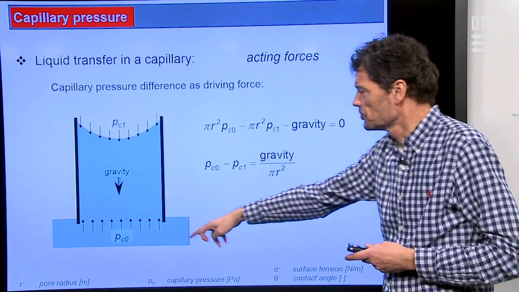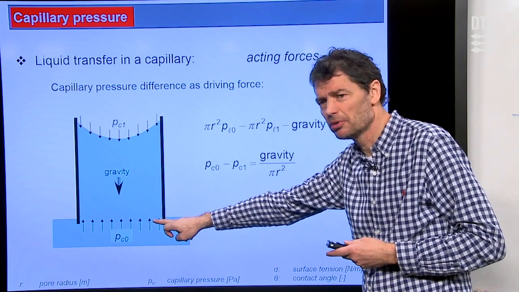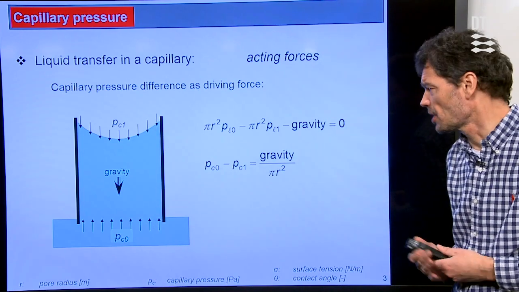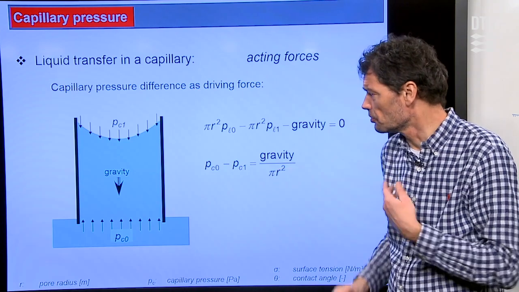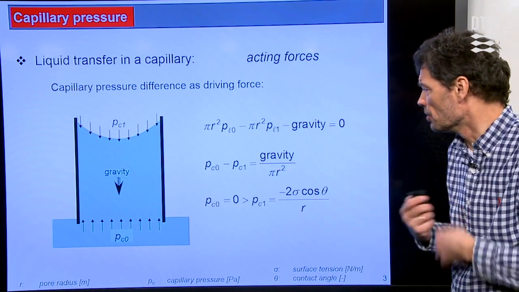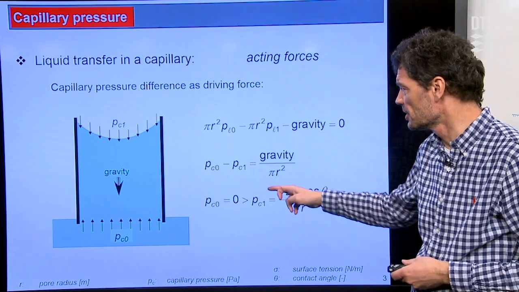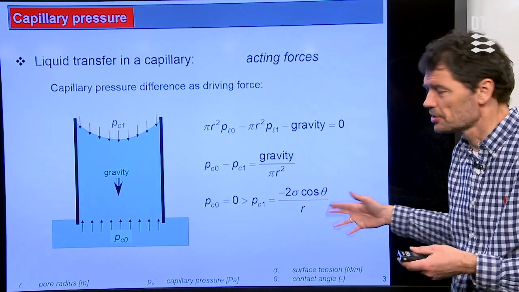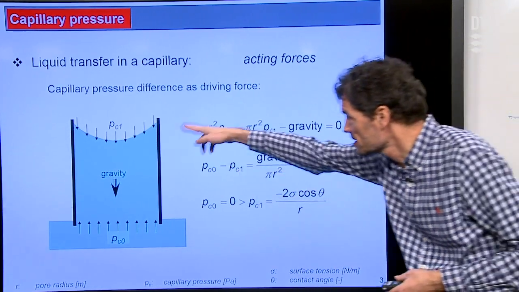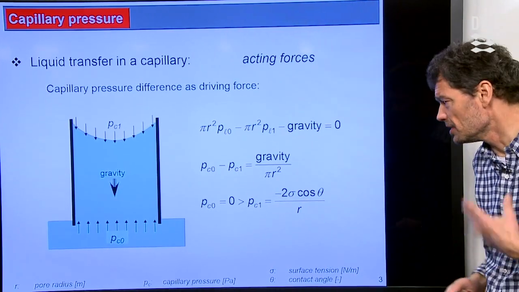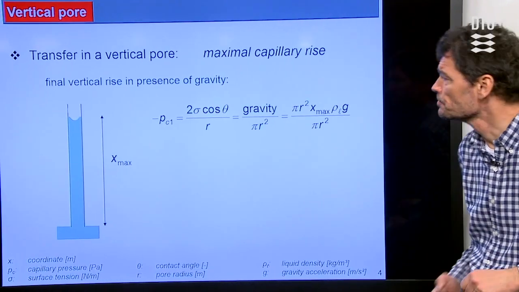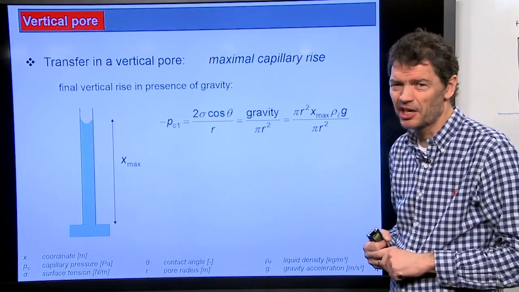The difference between the capillary pressure at the bottom and at the top is what comes from the gravity distributed over the area. So we can isolate the capillary pressure up here: it's 2 sigma times cosine of the contact angle, divided by the radius. Again, divided by the radius, remember that. Now, we'll make a little experiment soon.